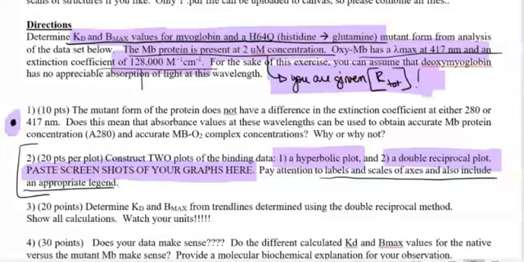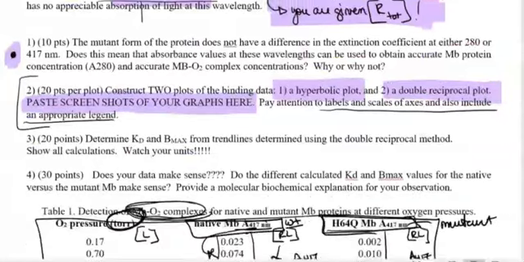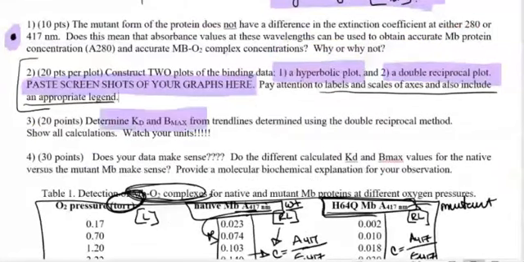I'm looking to see the scale of the axis. Are you using appropriate labels? Are you using appropriate units? Are you providing a legend on your graphs? And then based on your graphs, you're going to determine KD and Bmax from the double reciprocal plot, show all your calculations and watch your units.